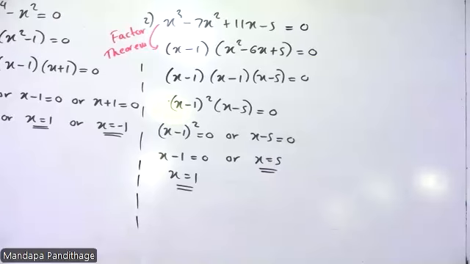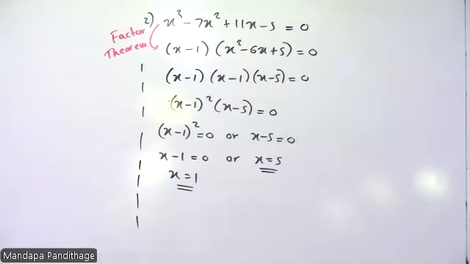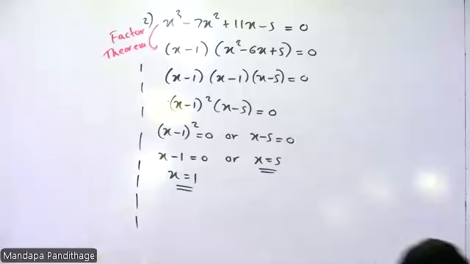When you're finding the other factor, you have the freedom to use comparing coefficients or long division method. It's up to you. You can do whichever is convenient for you. If there's anything unclear, you can ask.